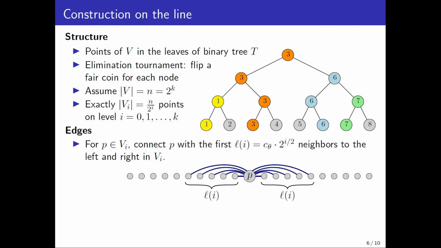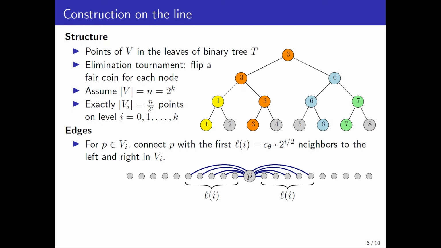Now we can define the edges. We define edges for each level separately, and on level i, if a point p is present in level i, then we simply connect it to the first L_i neighbors to the left and the first L_i neighbors to the right on this level. Notice that this L_i grows with i, so this means that on higher levels a point has more connections, and that also means that these connections are much longer, because in higher levels there are fewer vertices.